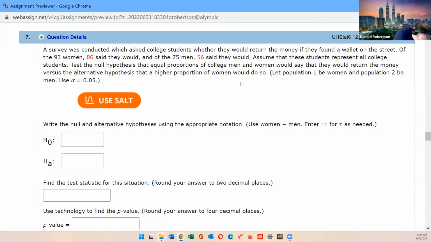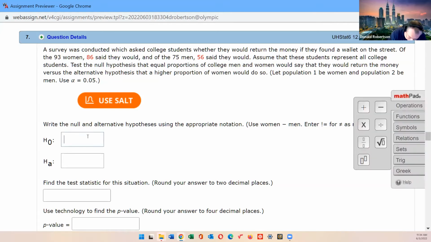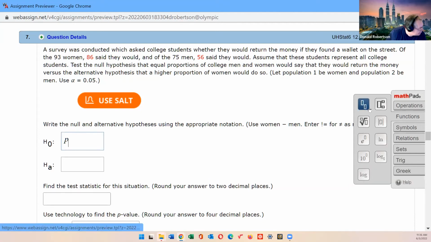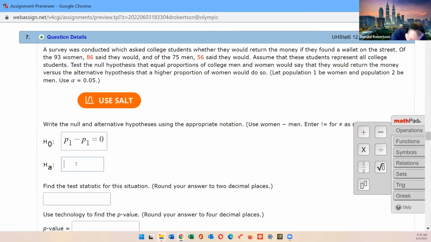So we are trying to do a null hypothesis. And the null hypothesis is going to be P1 minus P2 is 0. A null hypothesis, when it involves two proportions being compared, is always going to be that. And I'm doing the women as P1.